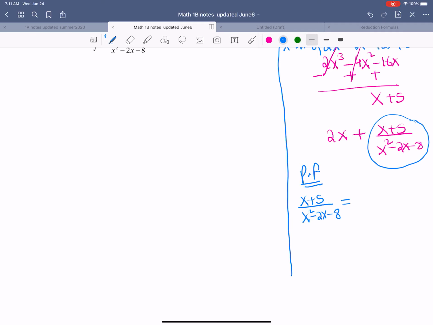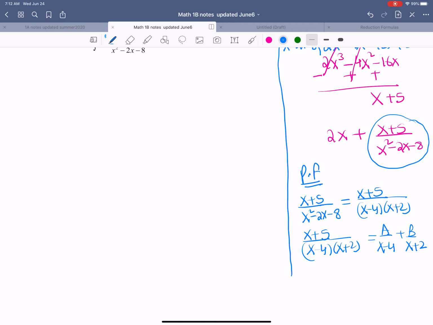If I factor the denominator, it turns out to be x minus 4 and then x plus 2. Let us set up the partial fractions. x plus 5 over x minus 4, x plus 2 equals a over x minus 4 plus b over x plus 2.